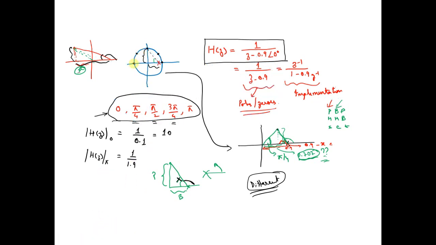So our 3 pi by 4 is somewhere over here. If you look over here, say this is the pi by 4 angle. Suppose this is the point, radius 1, this is total 1.